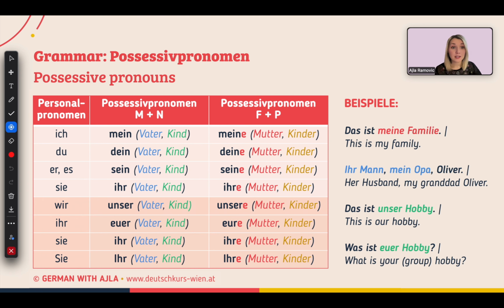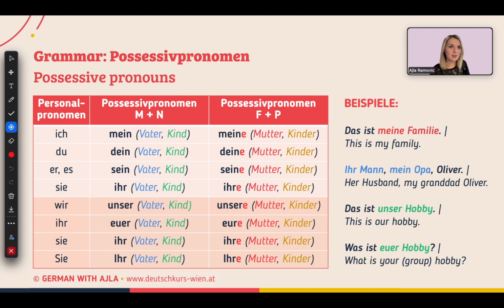The actual translation of the sie forms or of the ihr pronouns really depends on the context. The context is telling us if we are speaking about a female person or about a group, or if we are speaking to somebody in a formal way.